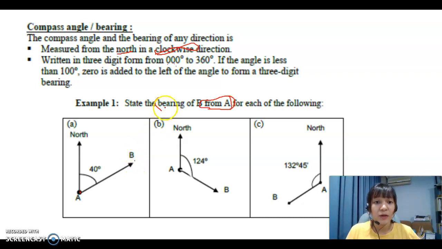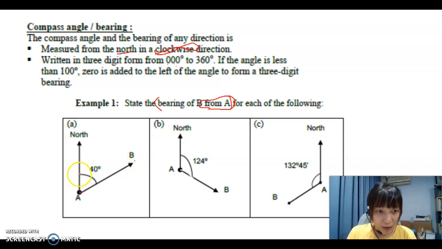So they're asking you about the compass angle, or we say bearing. When you stand at A and point towards your north, where is your B? Which side? Imagine you are standing at A. Which direction should you go to reach point B?